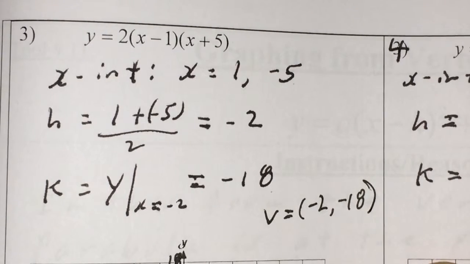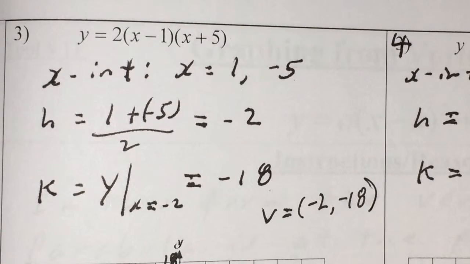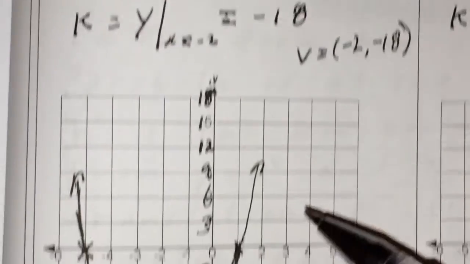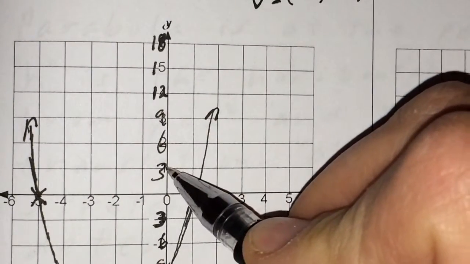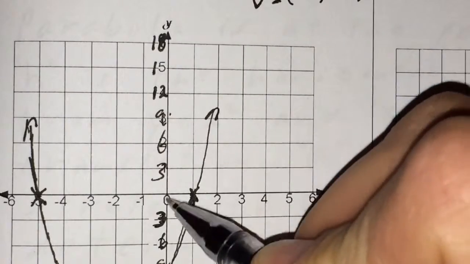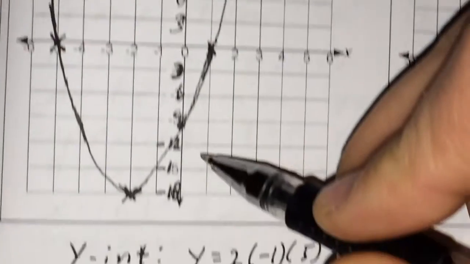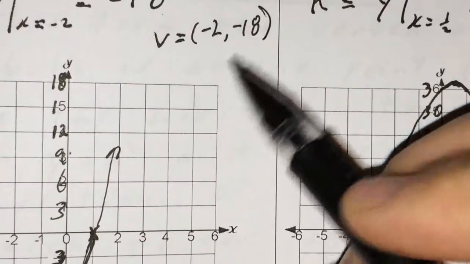Now the graph I provided here was not appropriate because it had a vertical scale of 1. I had to change it to go up by 3s instead, so that at the top it's 18 and the bottom is negative 18, and I can now plot the vertex at (negative 2, negative 18).